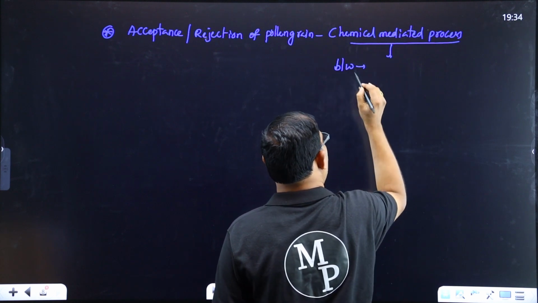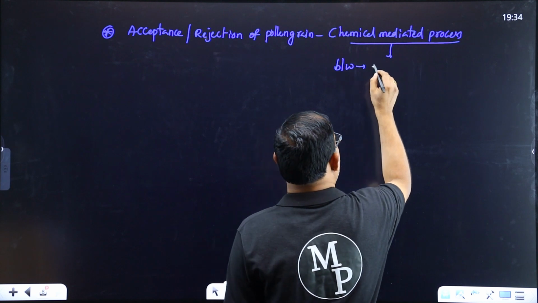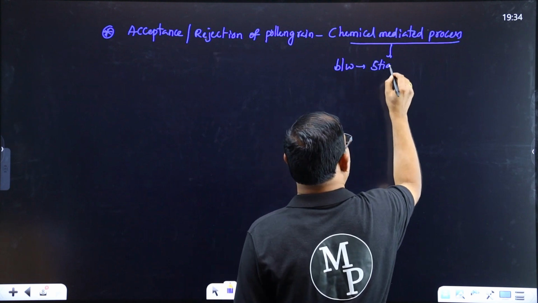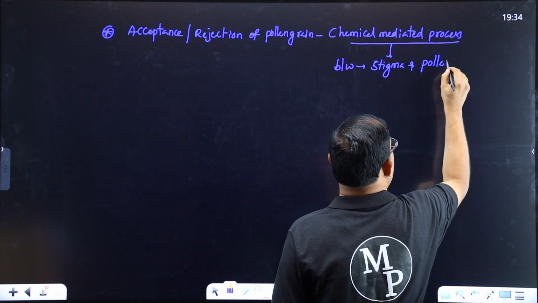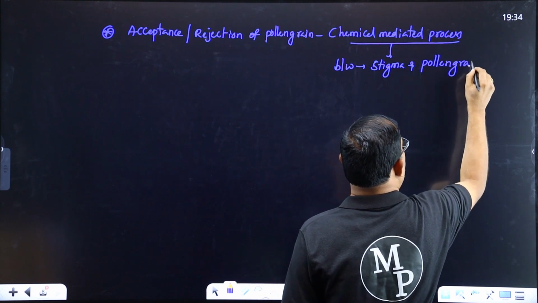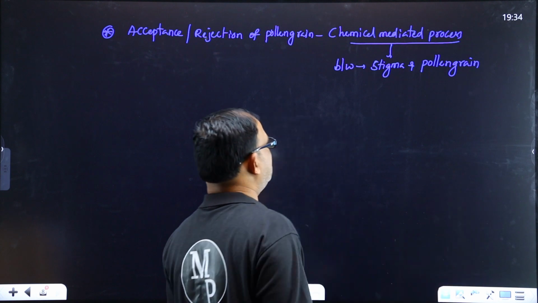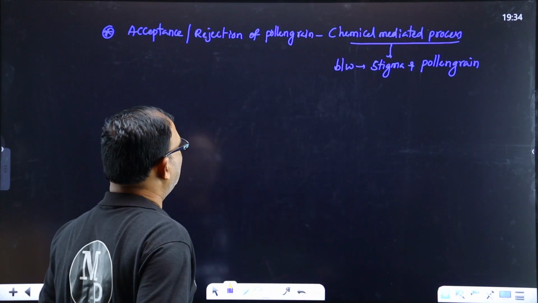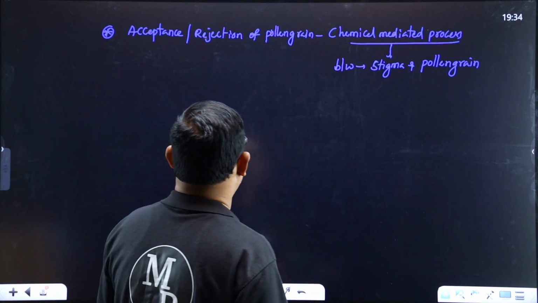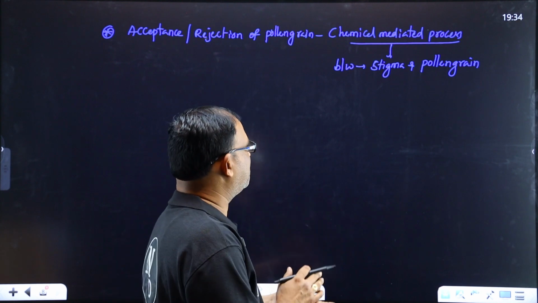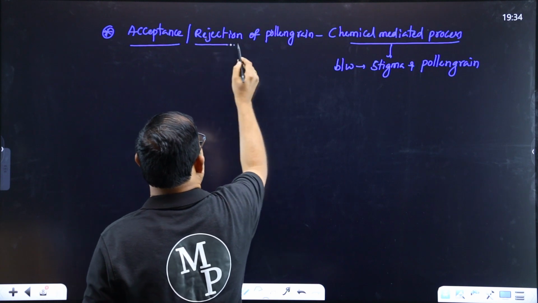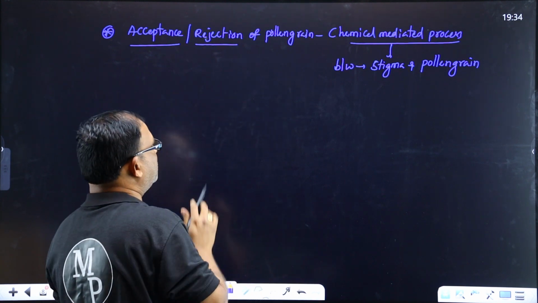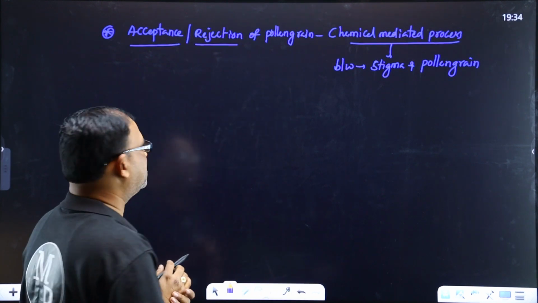Very important, that is between the stigma and pollen grain. Stigma and pollen grain. Pollen grain ల stigma ఈ రెండిటి మధ్య ఉన్న కెమికల్ దట్ ఈస్ కెమికల్ మీడియేటెడ్ ప్రాసెస్. ఆ కెమికల్ వల్ల ఏమవుతుంది? యాక్సెప్టెన్స్ ఆర్ రిజెక్షన్. ఓకేనా? సో దిస్ ఈస్ వెరీ వెరీ ఇంపార్టెంట్ మెకానిజం.